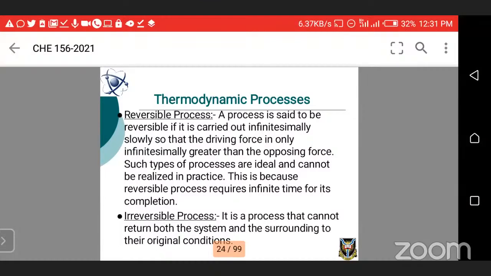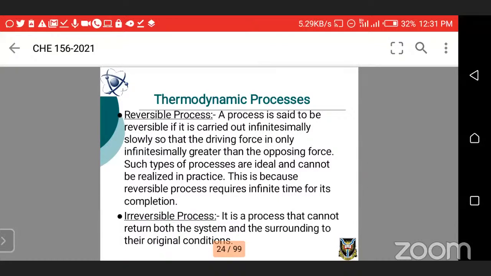So when the force you apply is infinitesimally small, the system is said to be reversible. And for such a process to take place, you will need time.